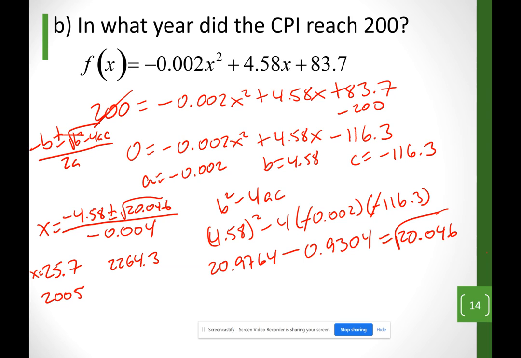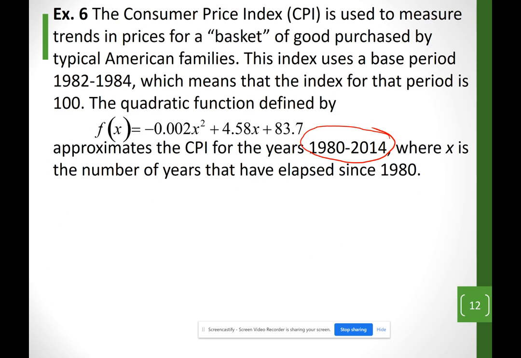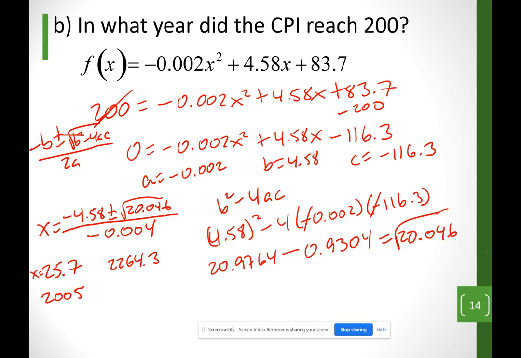The 0.7 is like August the 12th, that's what 0.7 of a year is, but year-wise it is 2005. Now 2264 plus 1980 gives me a big number. Remember, this formula estimates from 1980 to 2014. Anything after 2014 is too far, an unreasonable year. So the CPI is going to reach 200 in 2005.